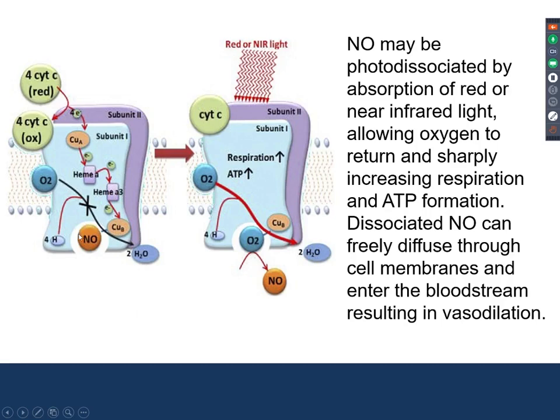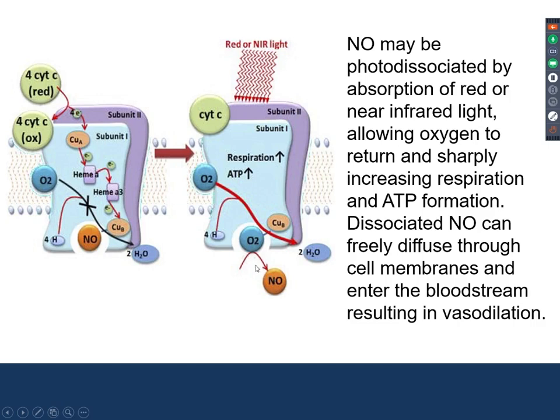So what do we do? Well, we try to speed up the healing process in different ways, whether it's mechanical manipulation, acupuncture, all these different things. How laser therapy works is the light energy, specifically from certain wavelengths in red and near infrared, has enough energy to break the hydrogen bond between nitric oxide and copper and heme. By doing this, it causes the dissociation, or photodissociation, of nitric oxide.